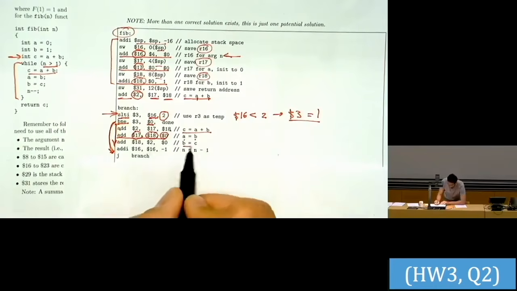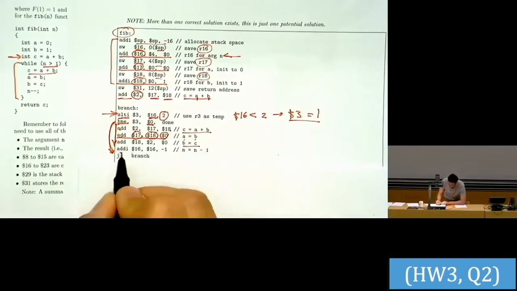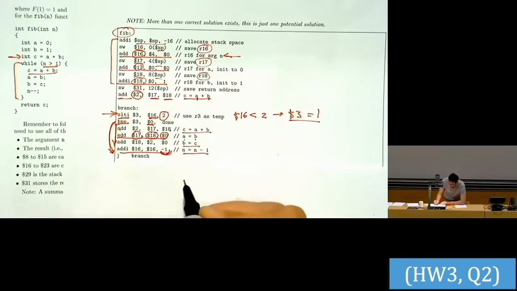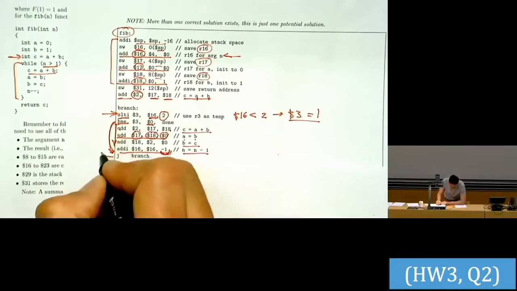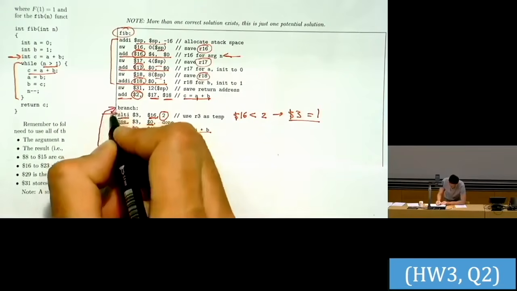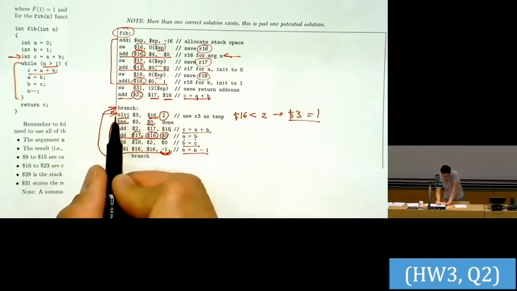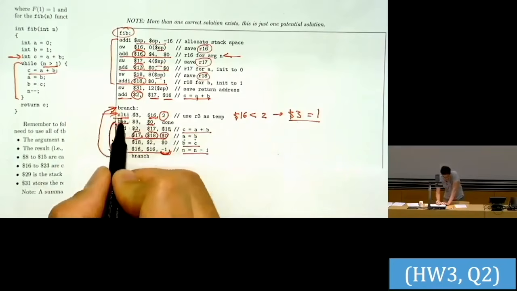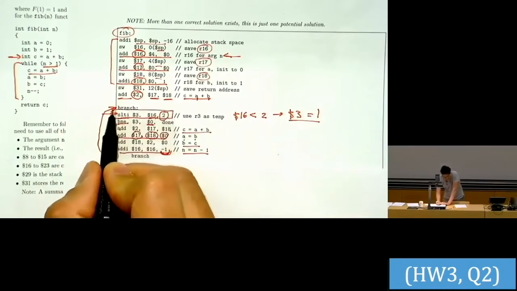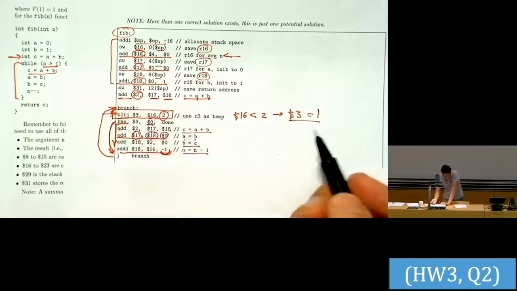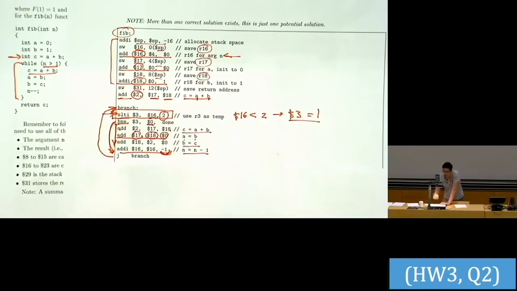We do the same to store C in B, and after that we decrement N. This is immediate addition of -1 to decrement N. Right after that, we have this unconditional branch, this jump instruction, to start again and evaluate again the content of register 16 that contains N. So we repeat this as many times as needed.